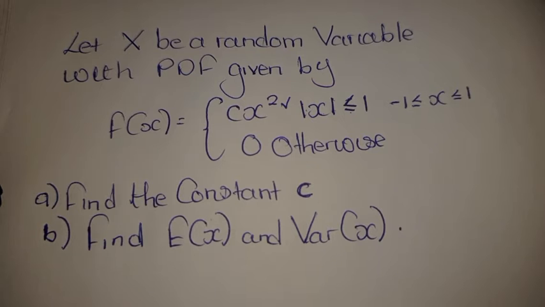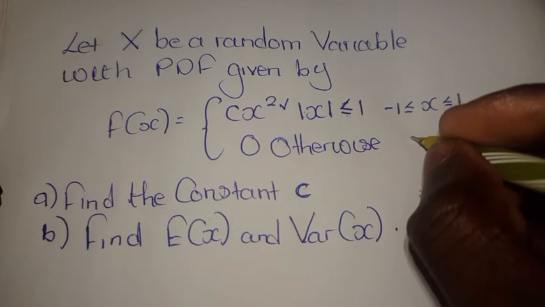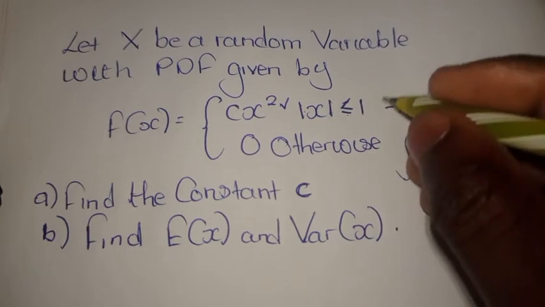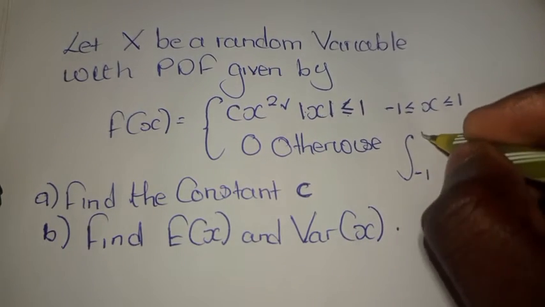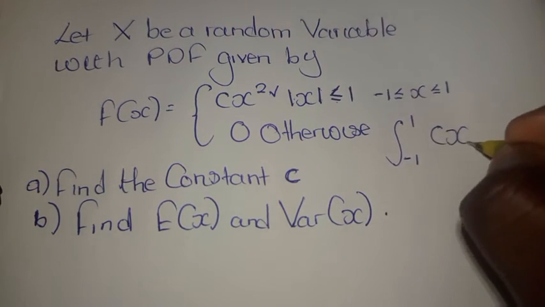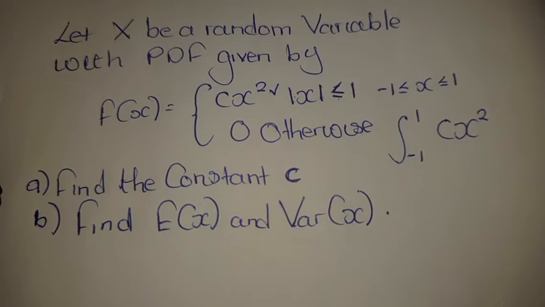So having explained, let us now put this in mathematics. We know for sure that the lowest value is -1 and the highest is 1. And the expression they have given you is cx squared dx. Remember, this is the density function, the derivative of the cumulative distribution function.